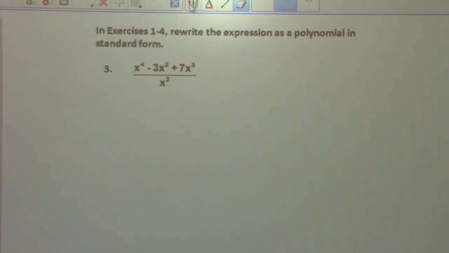Okay, Elizabeth, did you get this one? X squared minus 3 plus 7x cubed. Is that right? Well, what they did is they threw you a curveball, Elizabeth.